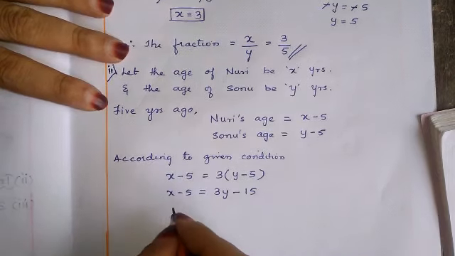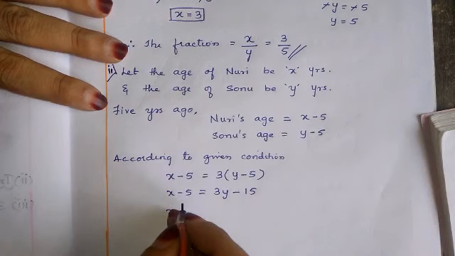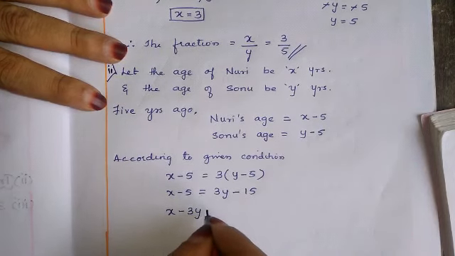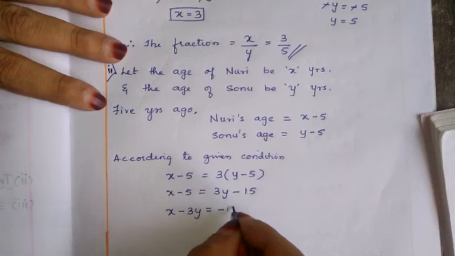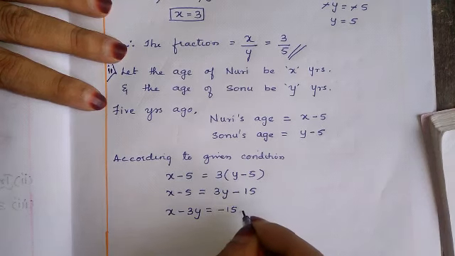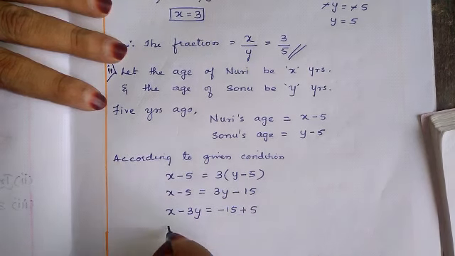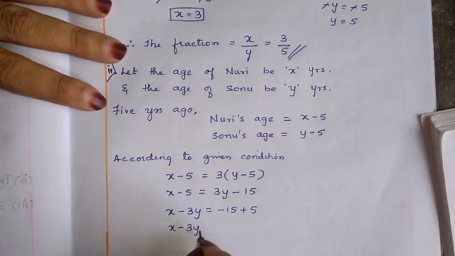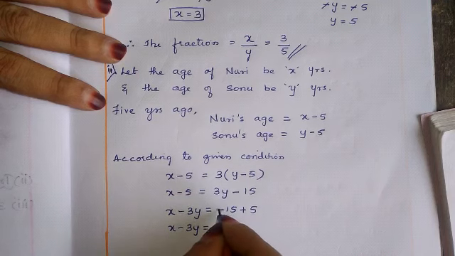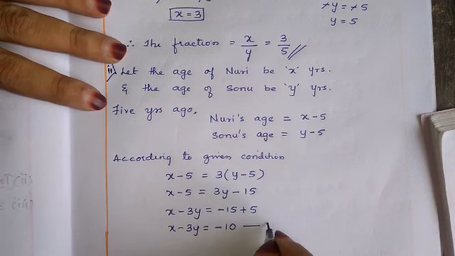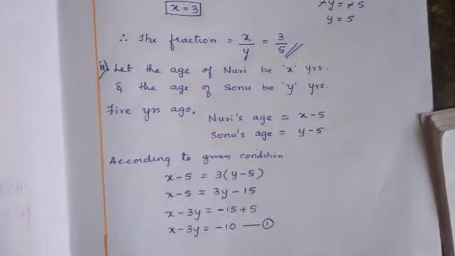We will write in the standard form. x, I will bring 3y this side, minus 3y is equal to minus 15 as it is, minus 5 I bring this side, it becomes plus 5. So x minus 3y is equal to minus 15 plus 5, which is minus 10. Why minus 10? Because the bigger number is negative. So let us write this as equation 1.